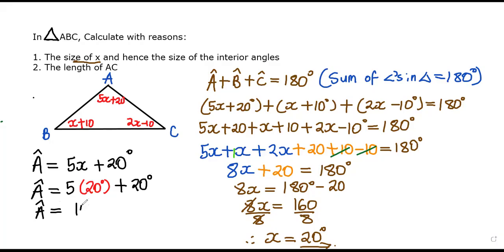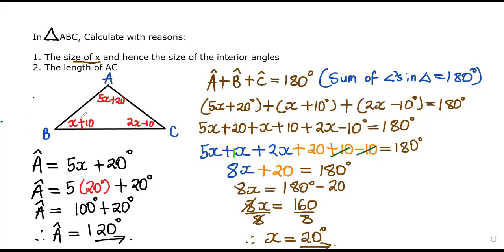So that will be 100 plus 20 degrees. Therefore, the size of angle A, we're getting 100 plus 20, that should be 120 degrees. So since now we are solving the size of angle A, we are getting 120 degrees. So that is the angle that you must get with regards to angle A, it's 120, right?